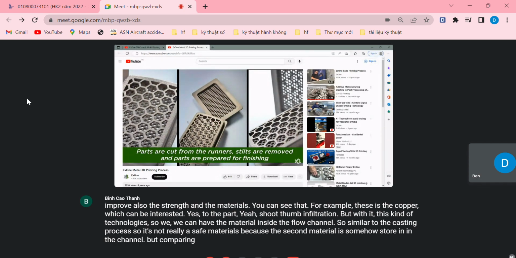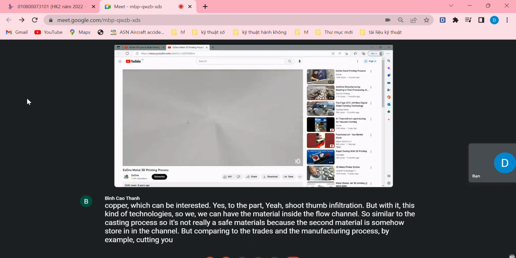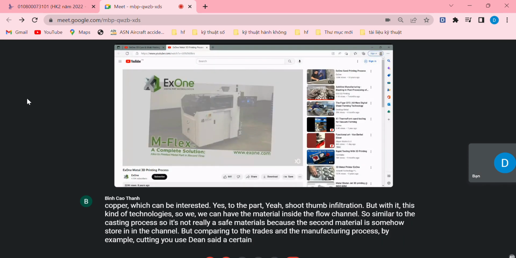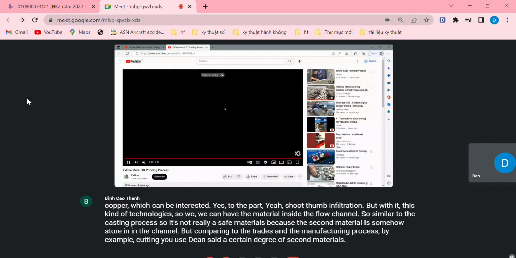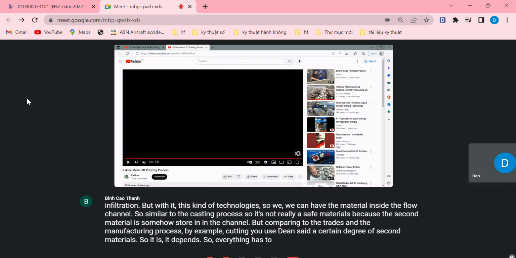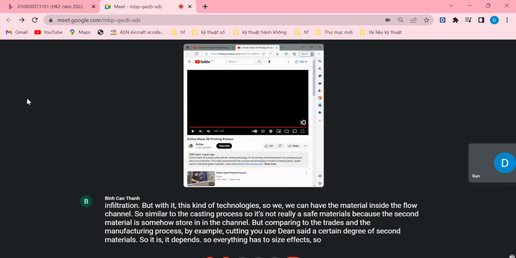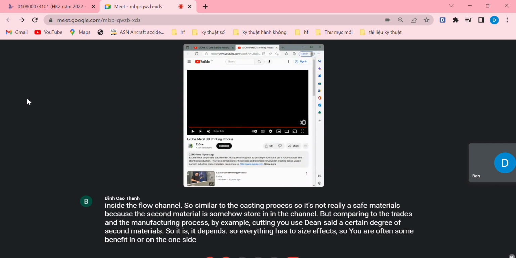But compared to the traditional manufacturing process, for example cutting, you still save a certain degree of material. So it depends. Everything has two-sided effects: you often get some benefit on the one side, and on the other side you may have to pay a certain expense.